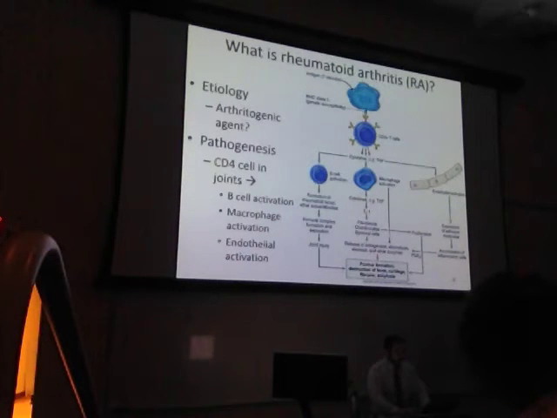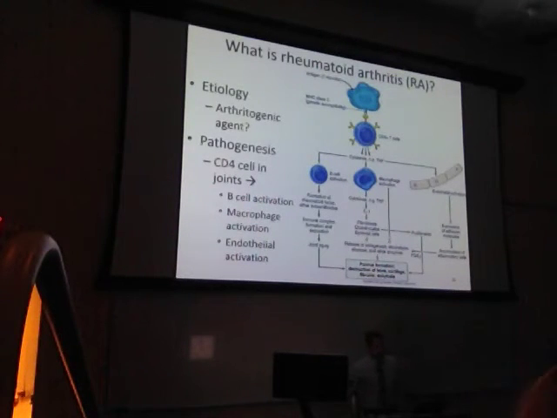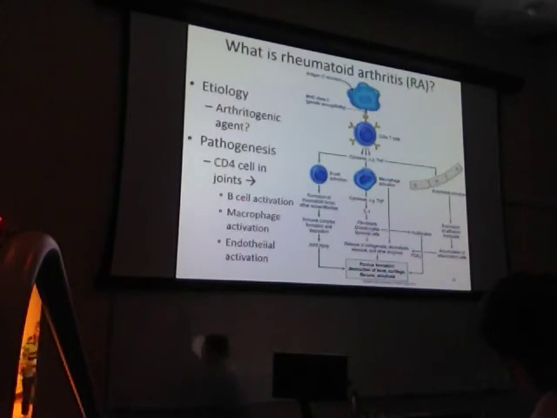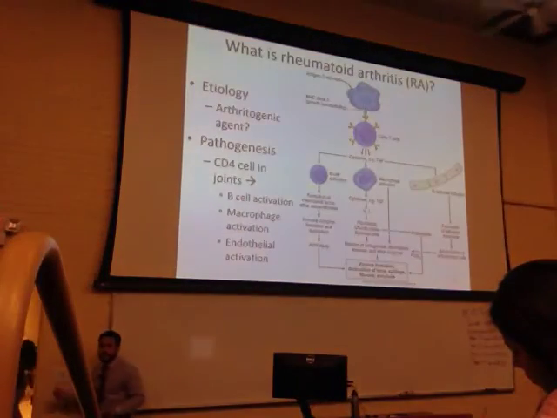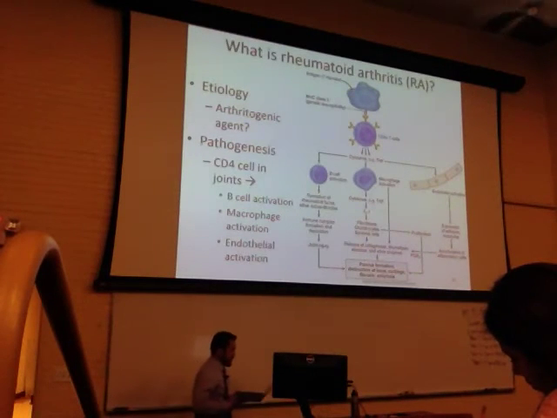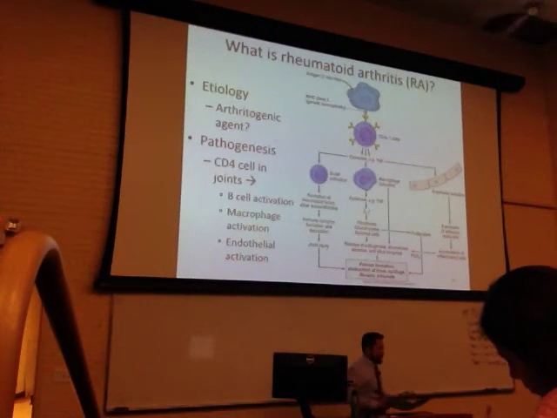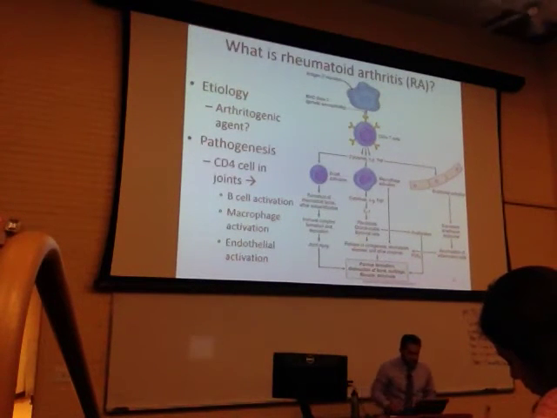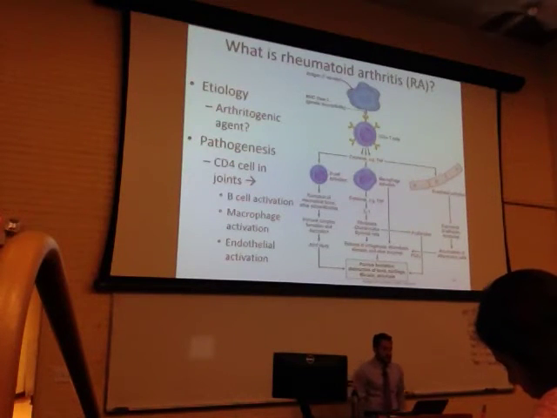arthritis. Now with rheumatoid arthritis, as another example in this last little segment, it's extremely common. About 1% of our total population in the United States is affected with rheumatoid arthritis. It's a type 4 hypersensitivity because it involves helper T cells.